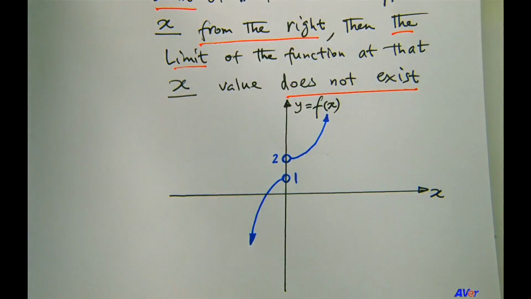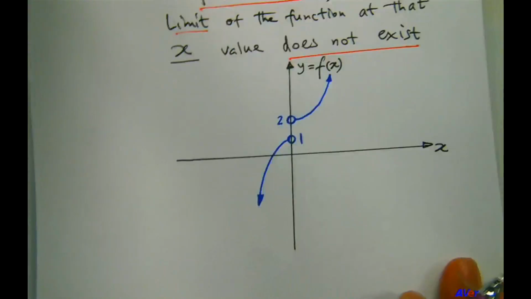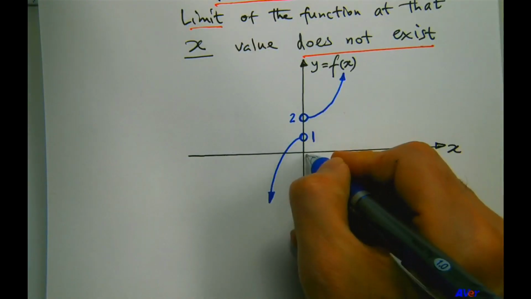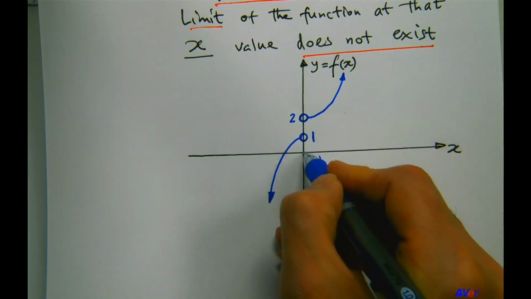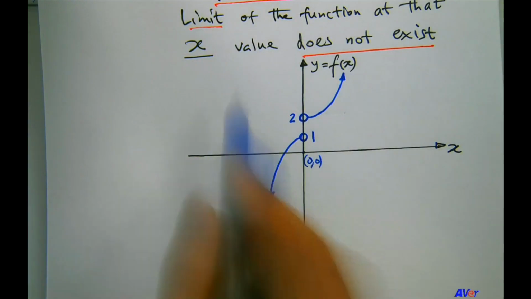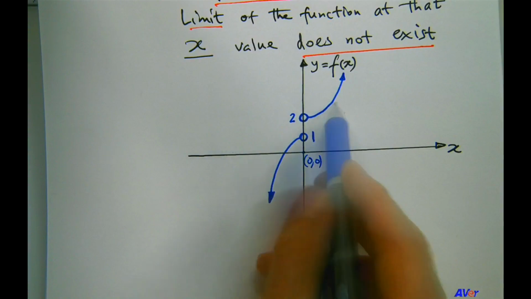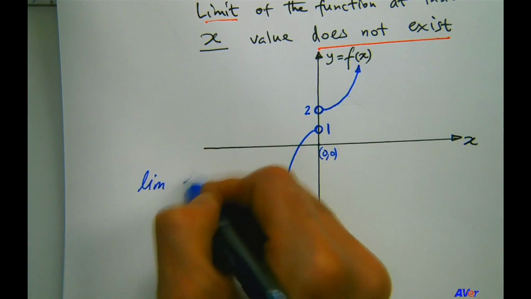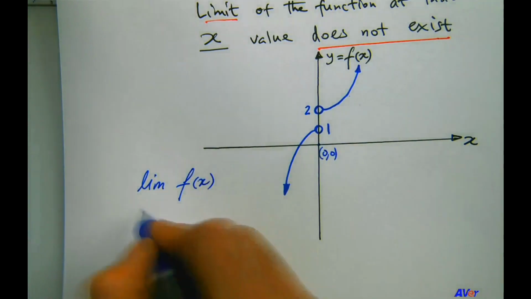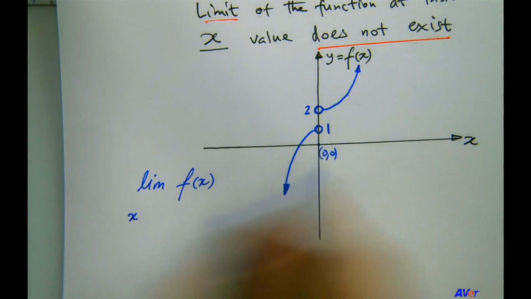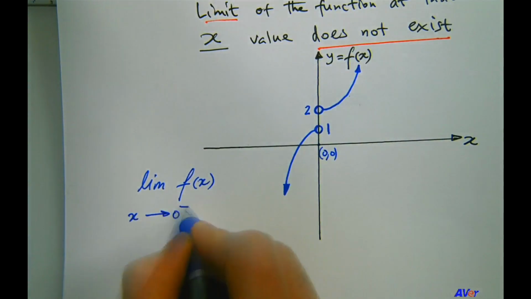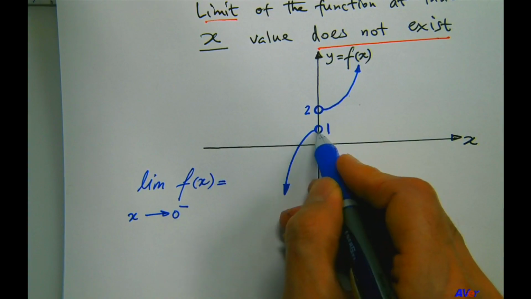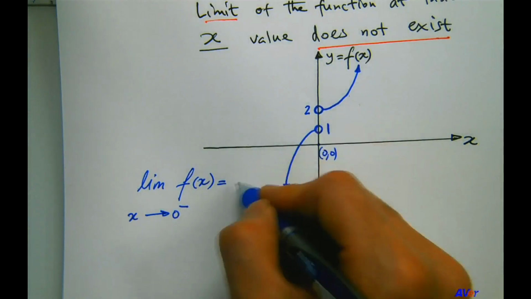Then, graphically speaking, what do you see as we approach, and this is 0, of course, right? This is 0, 0, right there at the origin. So the limit of f of x as x approaches 0 from the left is equal to what value? 1, right?